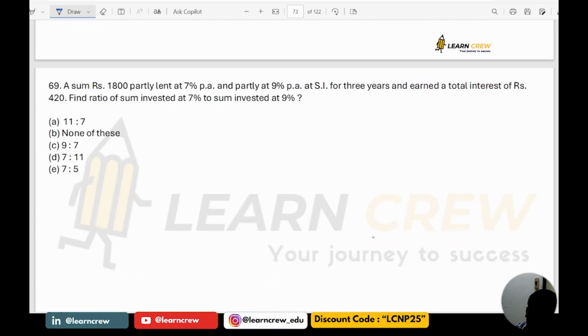Next, a sum of 1800 rupees is partly lent at 7% per annum and 9% per annum simple interest for 3 years and earning a total interest of 420 rupees. Find the ratio of the sum invested at 7% and 9%, right? So here, 420 is what percentage of 1800?